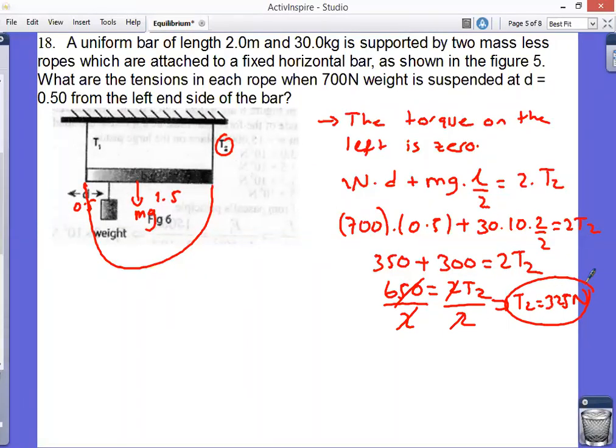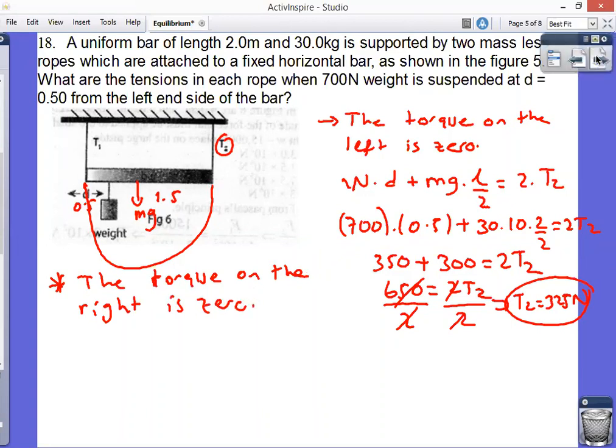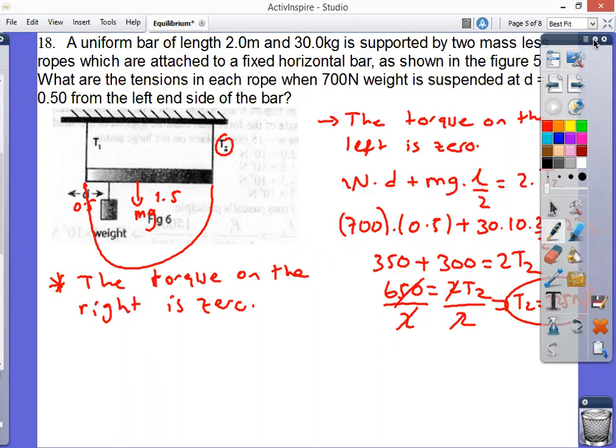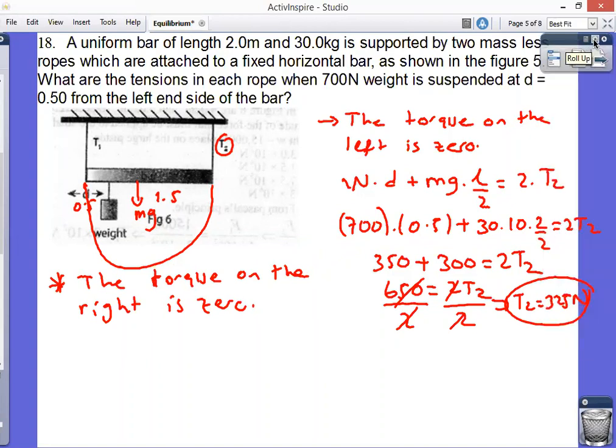Let's consider for the second one the torque on the right is now 0. Let me change the color. So if the torque on the right is 0, that means we are going to take from the weight to T2, okay?